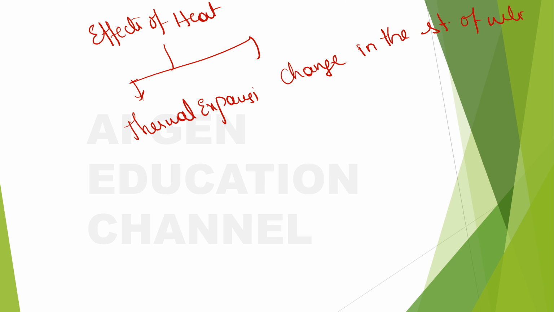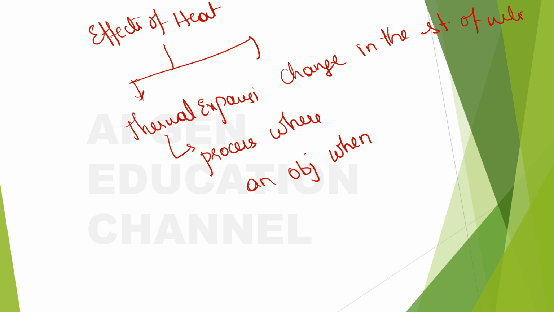Thermal expansion is a process where, when an object is heated, it expands, and when it is cooled, it contracts. What is the meaning of expanding? Expanding means that there will be some change in the length, area or volume based on the object.